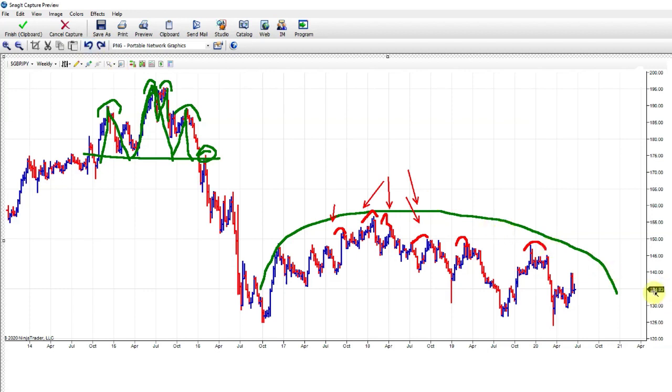On Sunday, I sent out an email to our members to sell a rally in the British pound versus Japanese yen and to get short at a price level of 136.25. As I'm going to show you in just a moment, it just ticked by a hair through the limit order, and now it's trading about 150 pips lower than where our sell order was triggered.